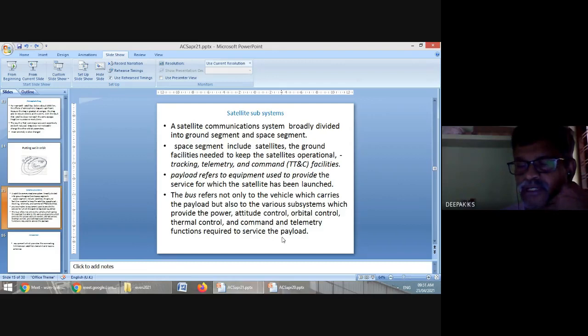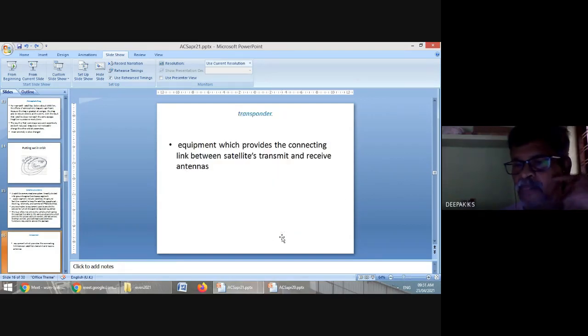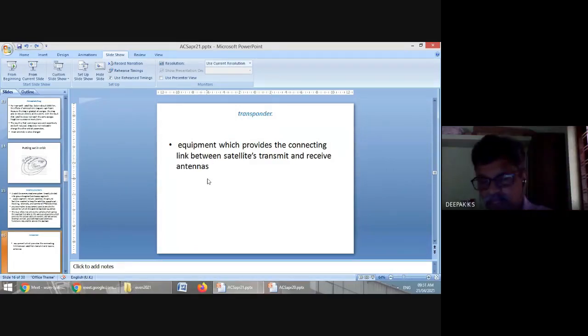Broadly, the transponder is equipment which provides the connecting link between the satellite's transmit and receive antennas. Actually, the transponder is a relay. It receives a signal on the uplink, which is the higher frequency of the two, and converts it into the lower frequency, which is the downlink.